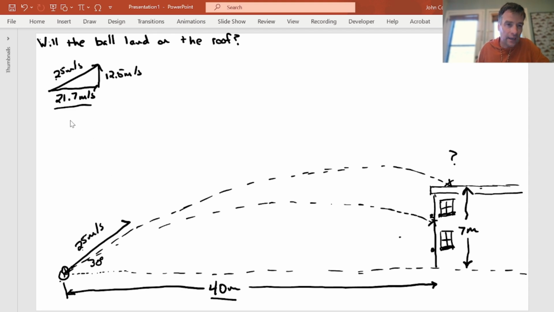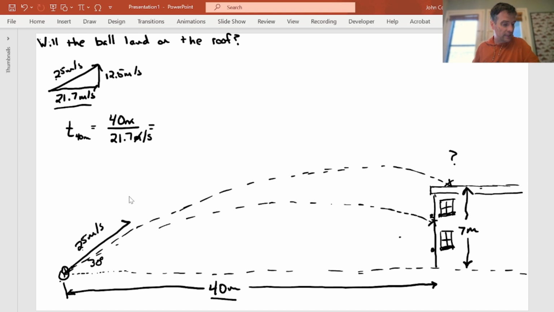So the time, T, to cover 40 meters is going to be the distance, 40 meters, divided by the speed, 21.7 meters every second. So the meters will cancel out, and we're going to get a result in seconds.